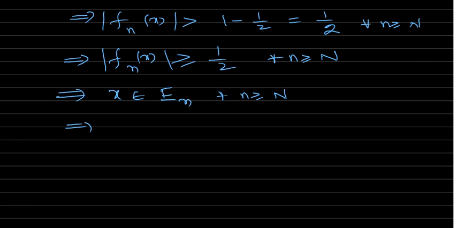So that means x belongs to E capital N intersection E capital N plus 1 intersection so on and so forth, and that's the notation for capital Fn. So this means x belongs to capital F.